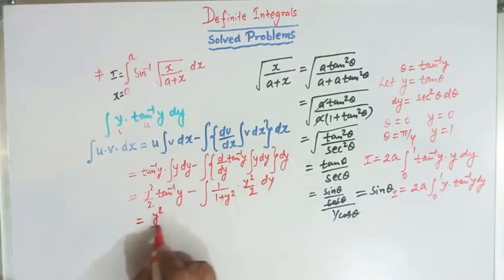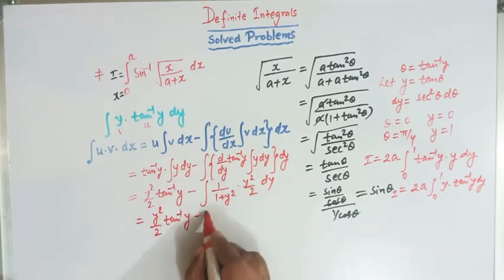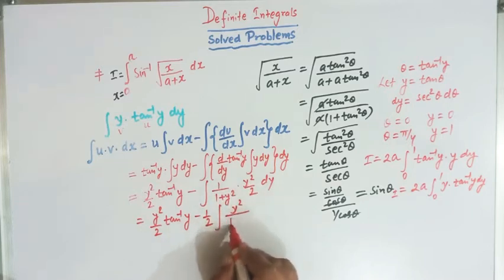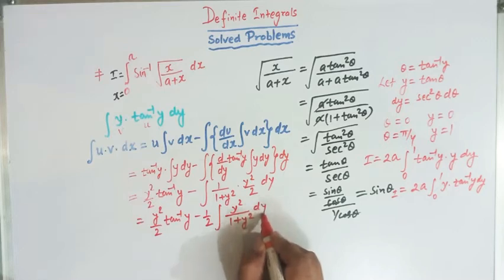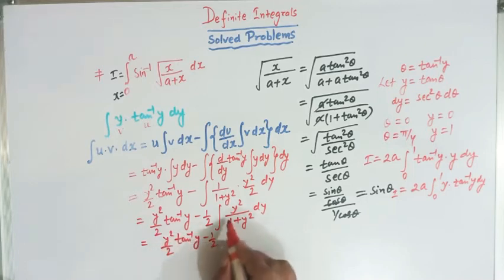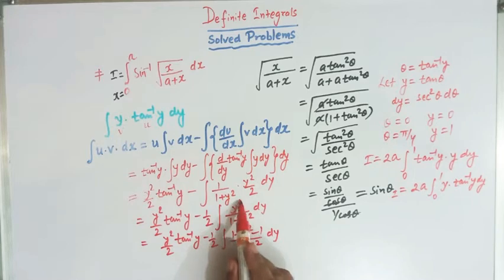So now this is y square by 2 tan inverse y minus half, and y square over 1 plus y square dy. Now this is y square by 2 tan inverse y, and here we have to evaluate this integral. So what we will do, we will write it as 1 plus y square minus 1 divided by 1 plus y square, right? So we have expressed y square as 1 plus y square minus 1.